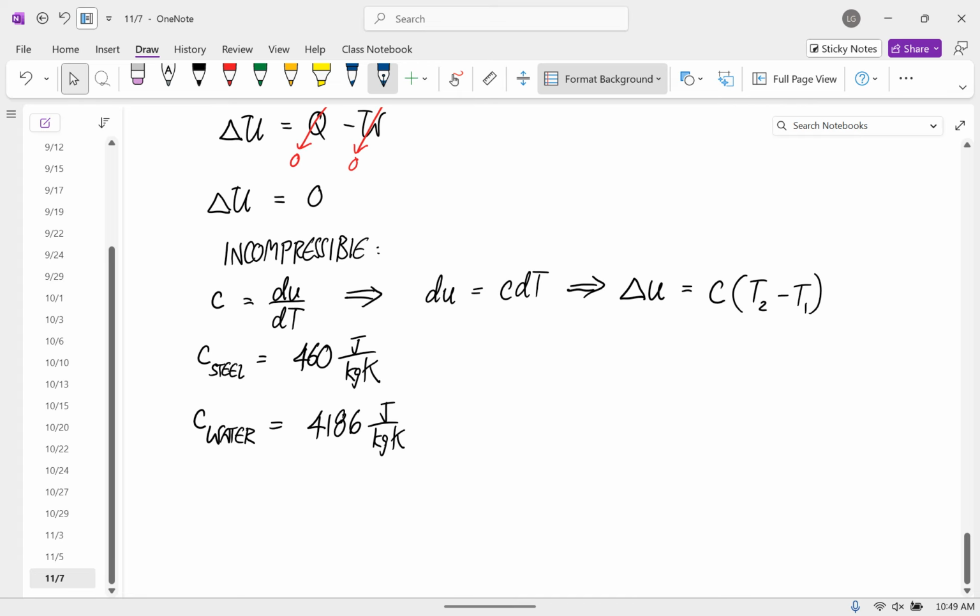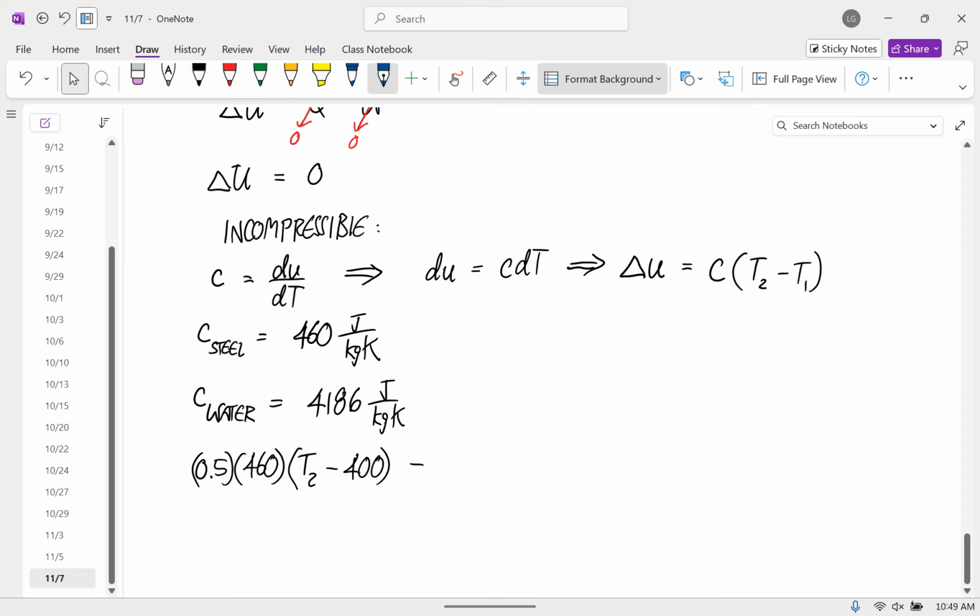So now we'll say half a kilogram times 460 times the quantity T2 minus 400, plus 10 kilograms times 4186 times the quantity T2 minus 283.